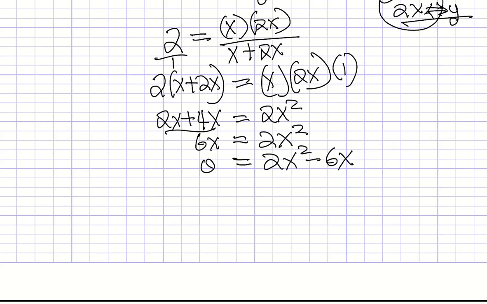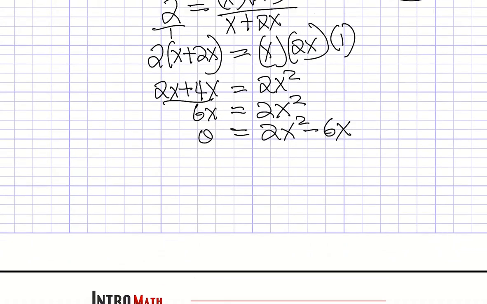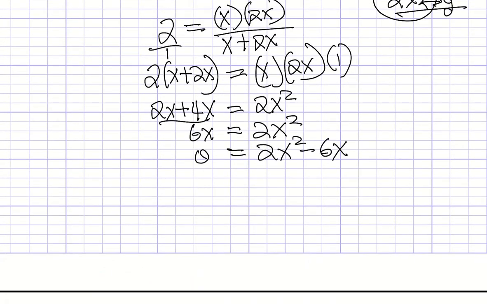You don't want to get confused. Notice something, we've done this many times in the past. We can pull out 2x like that. We get x here, we get 3 here, like that. You see it? You see what I'm doing? Equals 0, okay?